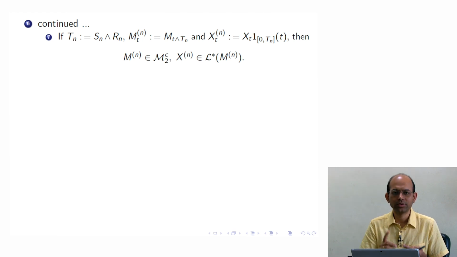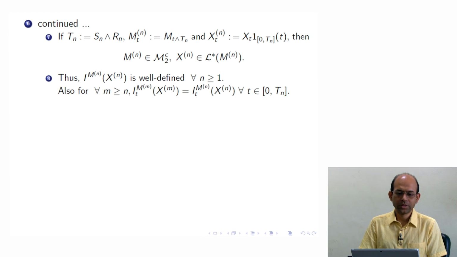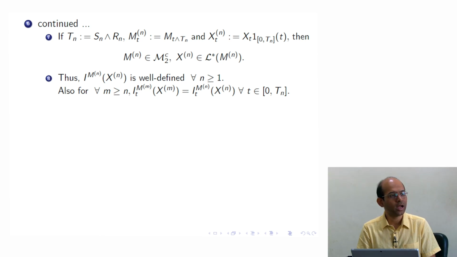If it is adapted and either left or right continuous, then you get that it is progressively measurable. So now we can integrate this process with respect to this martingale. Both are different from our original integrand and integrator. However, with these approximations, we can talk about the integration exactly in the notion we have defined earlier.